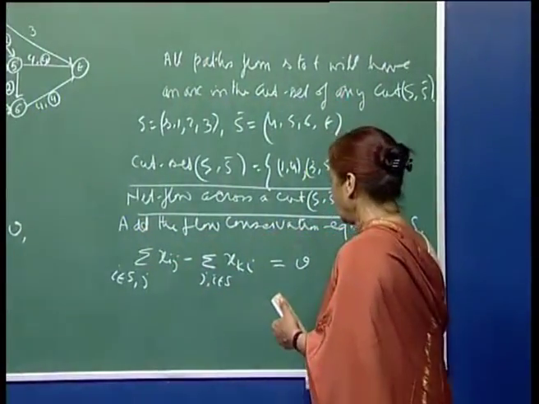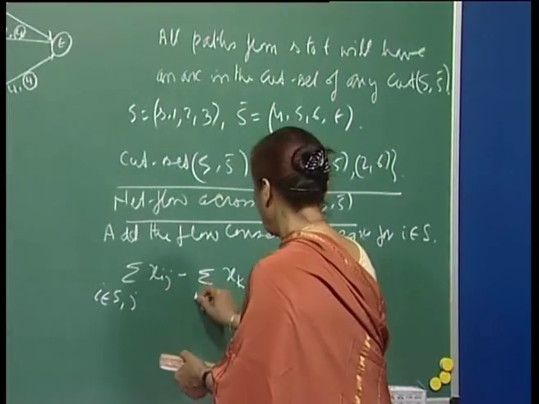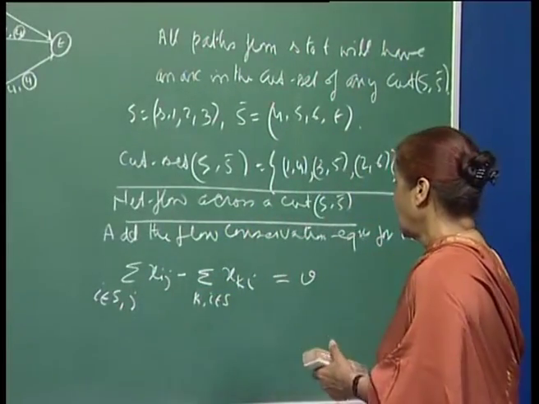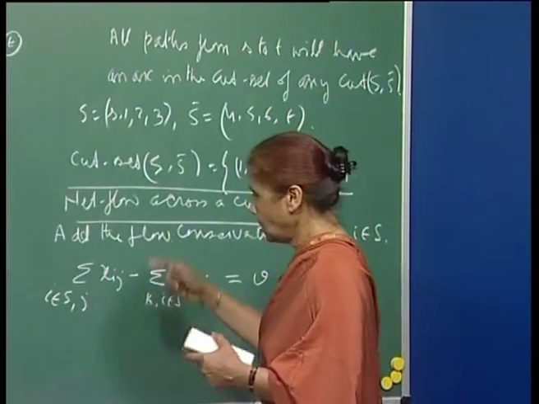Now, I have written j here. This is k. Okay. Now let's break up this summation, because j and k are varying over the whole node set.